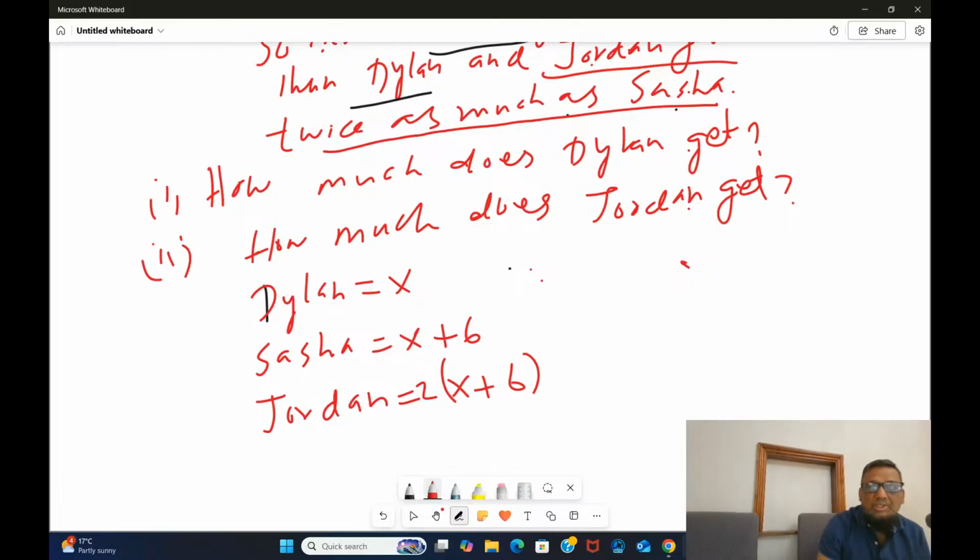Twice means multiply by 2. This is the way you need to make the expression. If Dylan is X, Sasha is X plus 6, and Jordan is getting twice as much as Sasha.